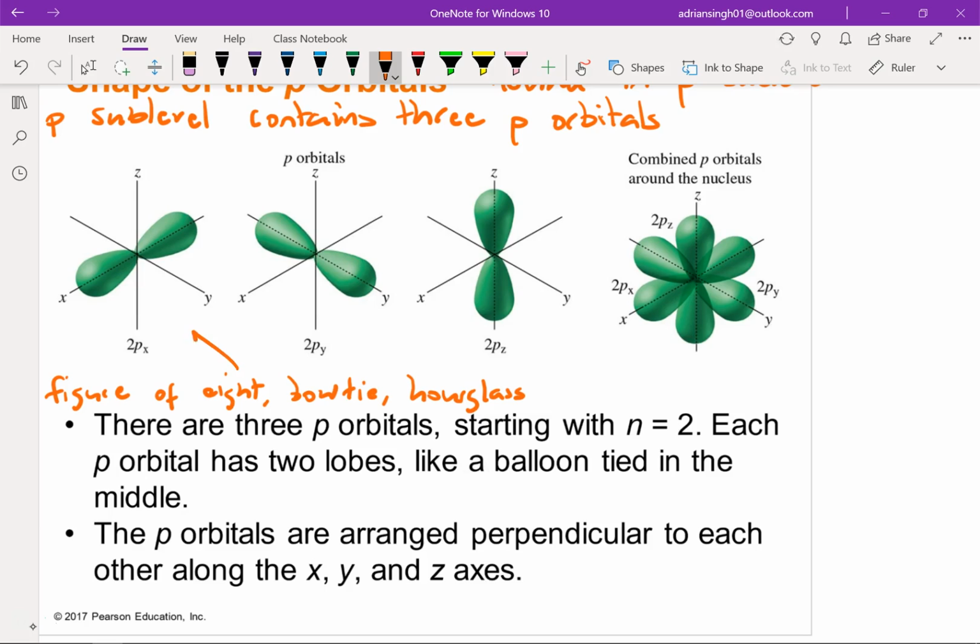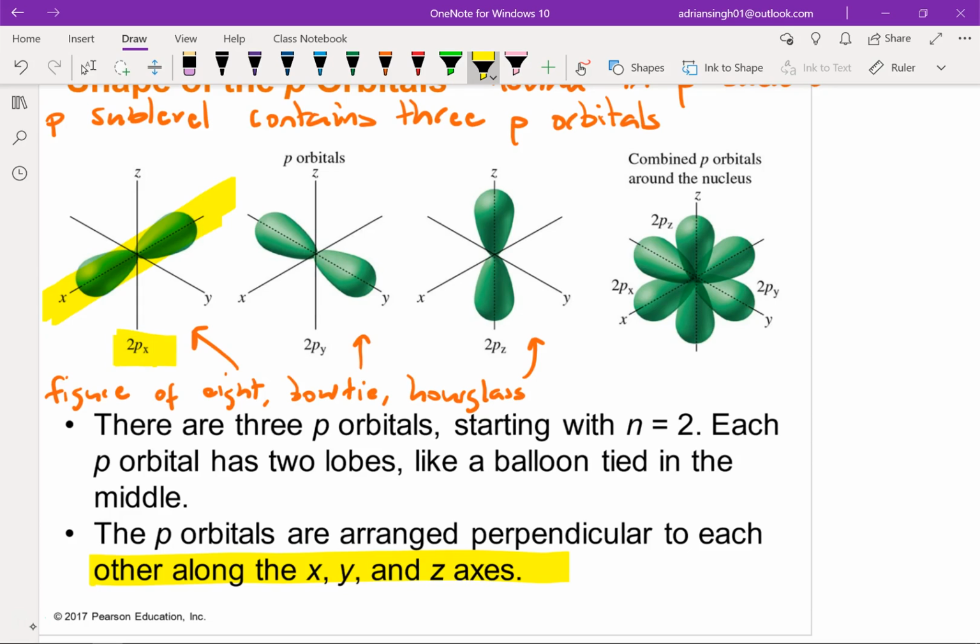All three of them have that characteristic shape, and they're all aligned along the axes, the x, y, and z axis. So we designate them: if a p orbital lies along the x-axis, like this one here, we call it the 2p subscript x orbital.